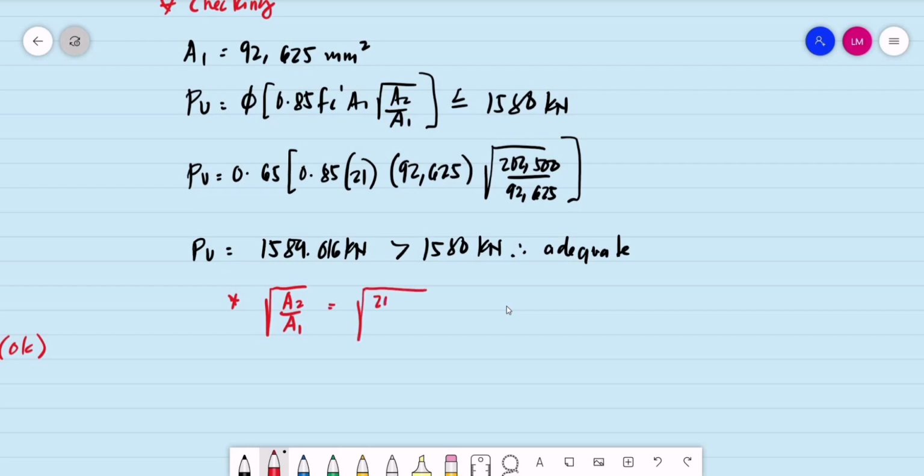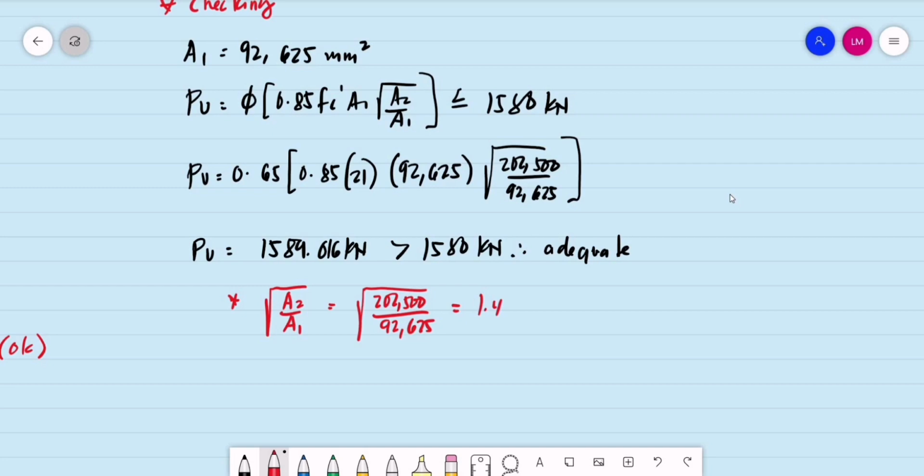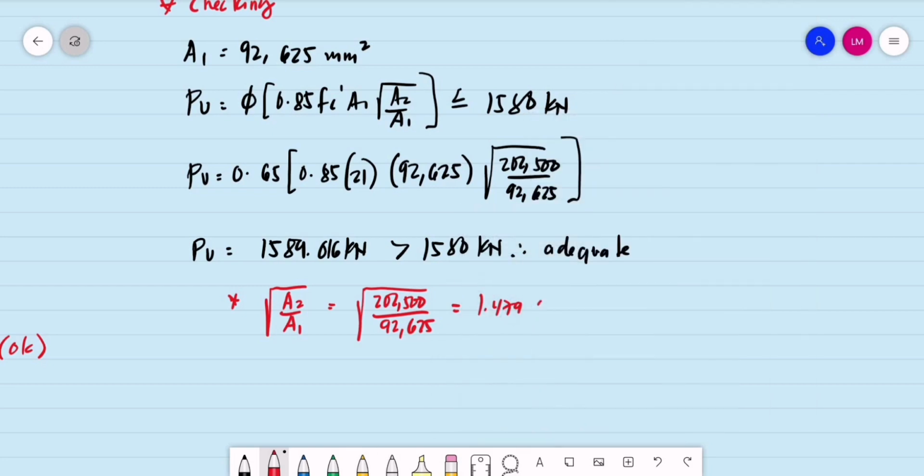So area 2 is 202,500 divided by 92,625, and this is equal to 1.479. Yes, and it is less than 2.